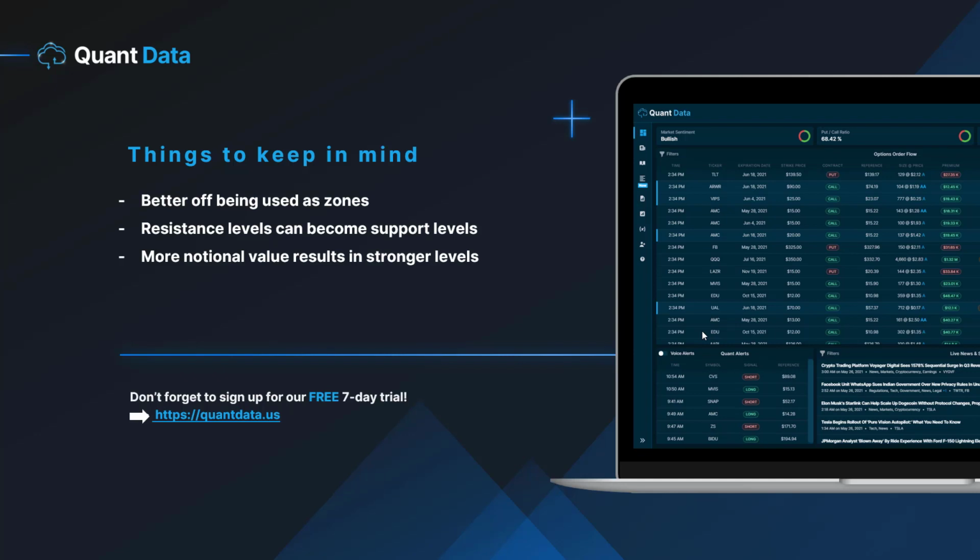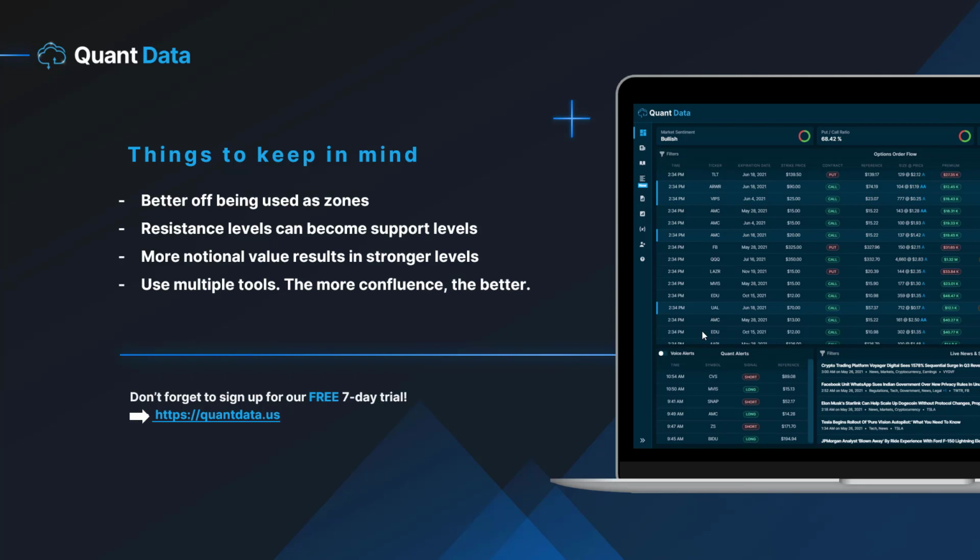Whatever strategy suits you best is what you should do. But just keep in mind that the levels with more notional value result in ultimately stronger levels, and those levels act more like magnets than the levels with smaller notional value. And the Quant Data platform does a great job of visually depicting the size of the levels. On the platform, you can see the bar and how big that level is.